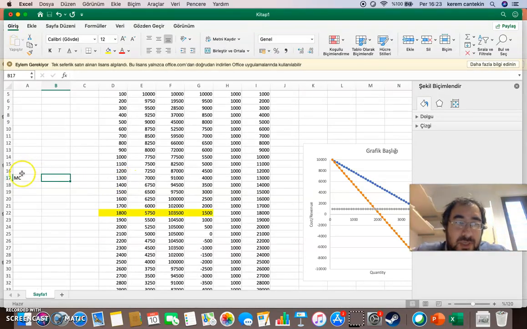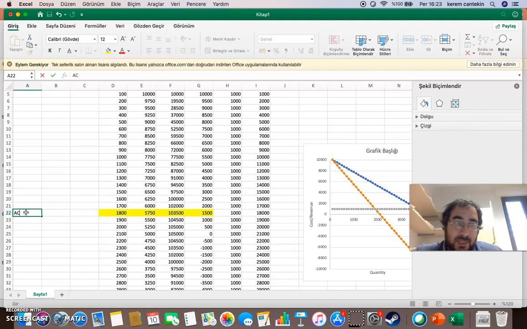Now, this is not marginal cost, I'm sorry. You cannot find the marginal cost; you need to look at the whole table. But the average cost in this case is equal to $75, which is also equal to the wage.